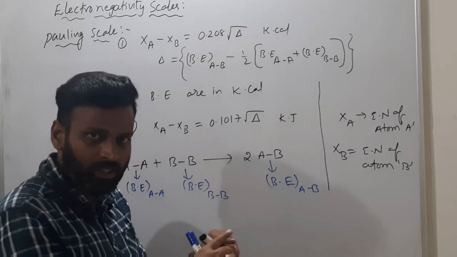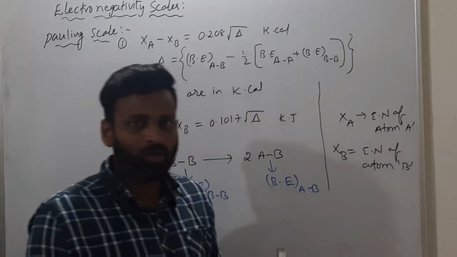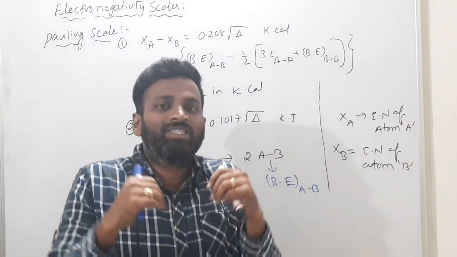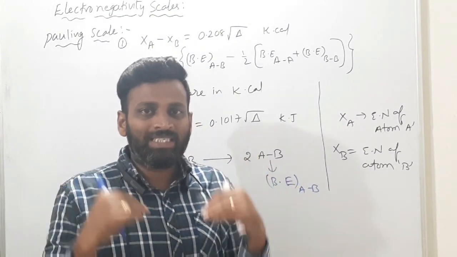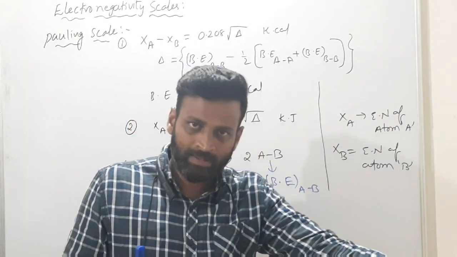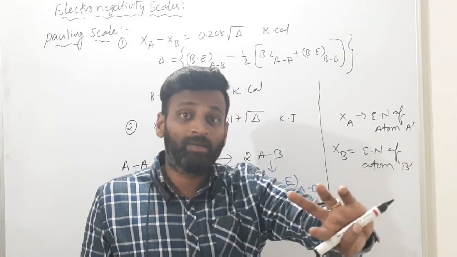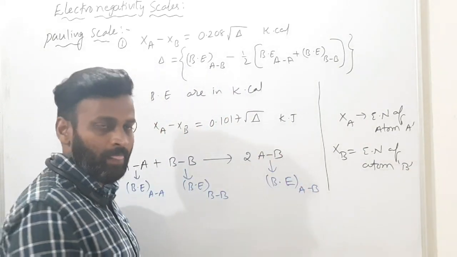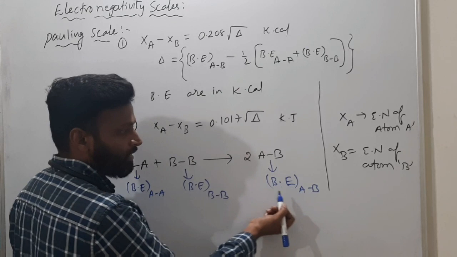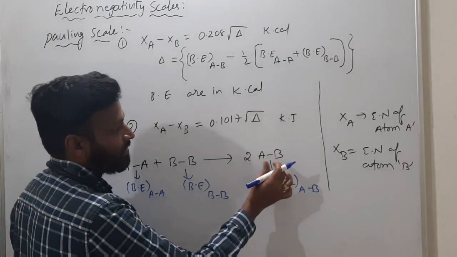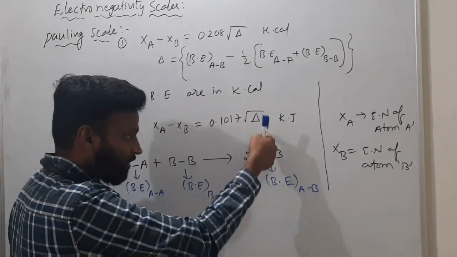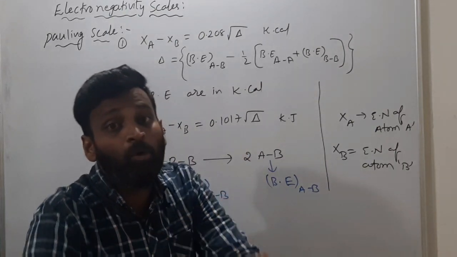After formation, energy is released because bond formation brings stability. Once stability comes, energy decreases. Energy and stability are inversely proportional. So bond energy is the amount of energy released when a bond is formed, or the same amount of energy required to break it.